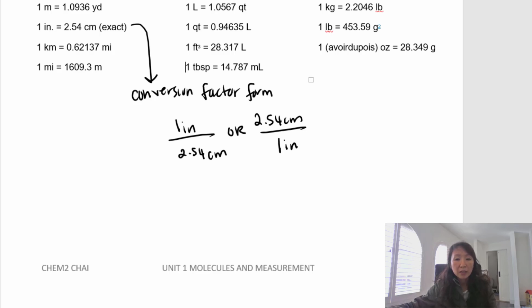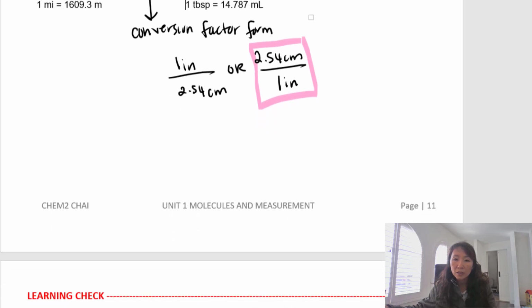Well, I am going to select for you for now, and next one you can try it on your own, and it's this one. The reason why I have chosen this one is because the inch goes on the bottom. And why is that important?